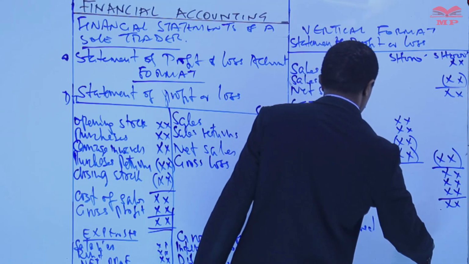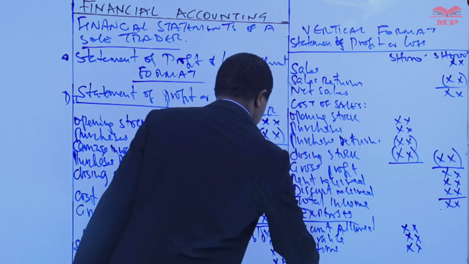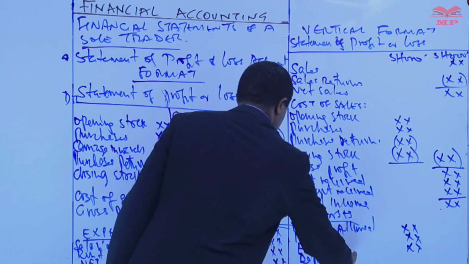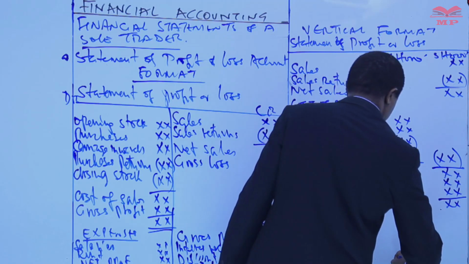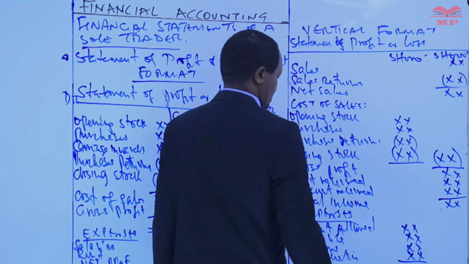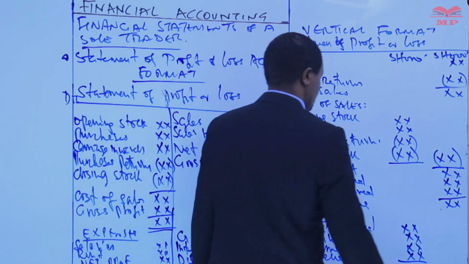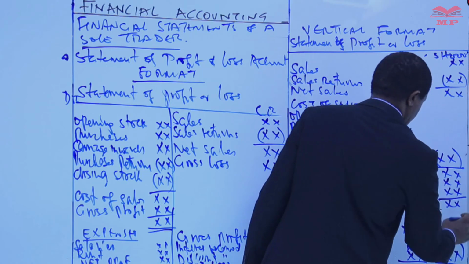List all the expenses, put down all the expenses, including depreciation of fixed assets. So we take the aggregate of the expenses and deduct from the total income. So these are total expenses, deducted from the total income.